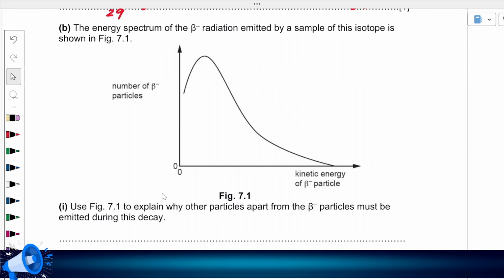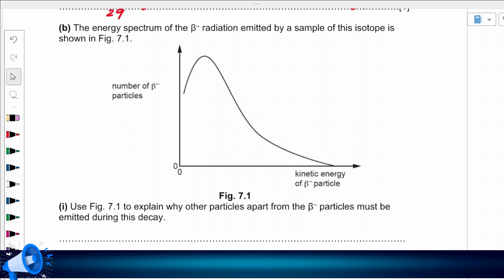This is a graph whenever we have the beta decay. So this is a graph of the kinetic energy. It was there in the notes also, that in beta decay, the beta particles do not have discrete values of energy, rather they have a continuous range of energies.